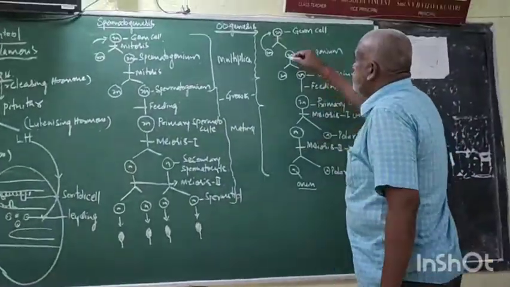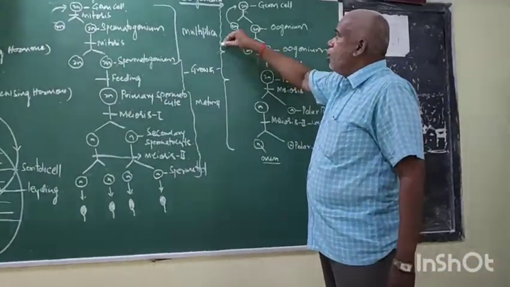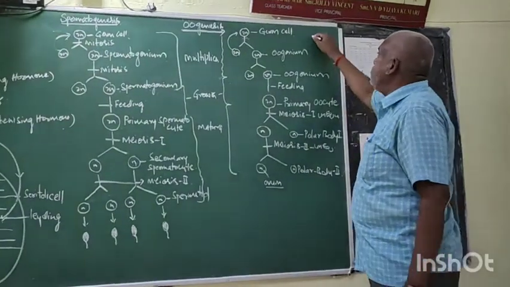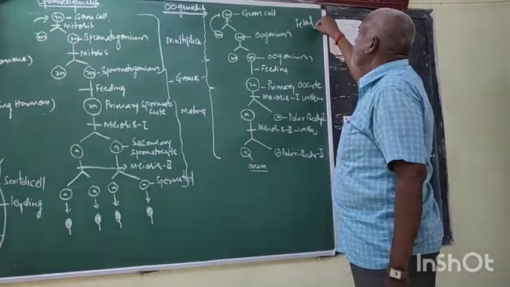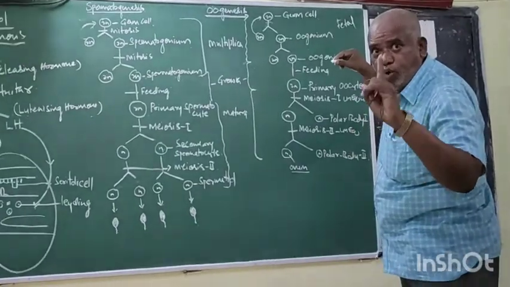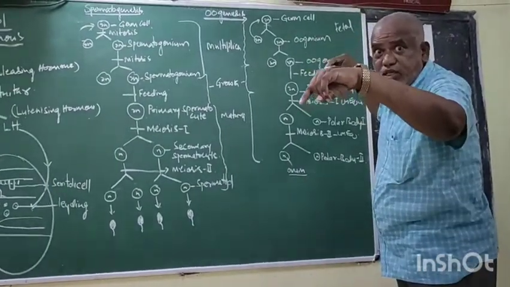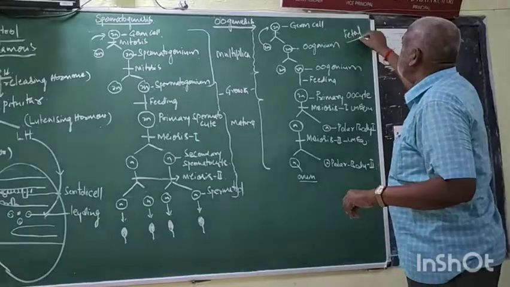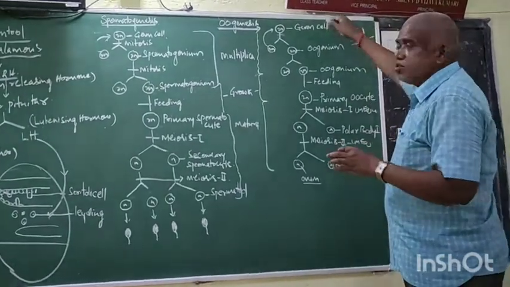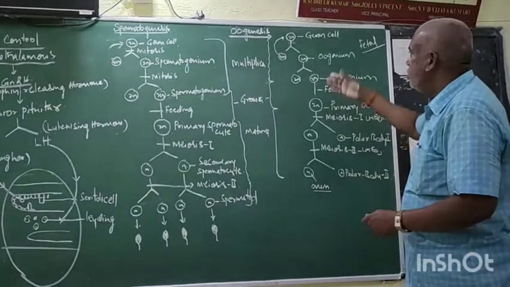What is this phase? Multiplication. This multiplication occurs in the fetal stage, in a girl who is in the embryonic stage in the mother's womb. That is called fetal. See, it is very important. That is what I am explaining.